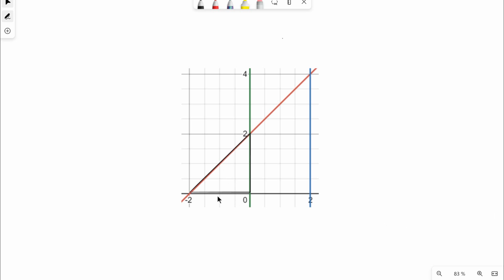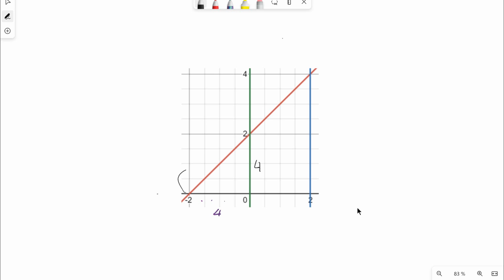Use the relation in the same triangle. Divide this length by this one. This length over here is 1, 2, 3, 4. This length over here is 4 also.